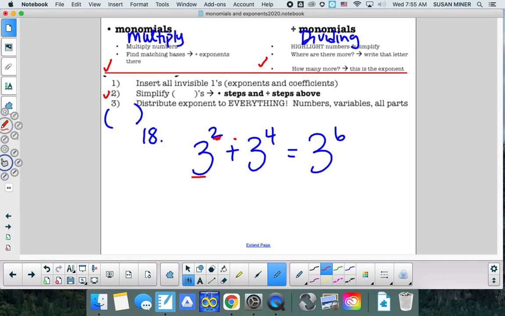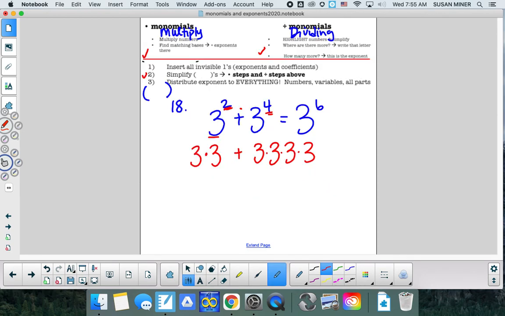But I could problem solve it logically by figuring out that 3 squared is the same as 3 times 3, and that I would be adding that to 3 to the 4th power, which would be 3 times 3 times 3 times 3. And so I could calculate that out and find out what those numbers are. And then I can just add the plain numbers together. That's how we're going to have to solve this problem right now.